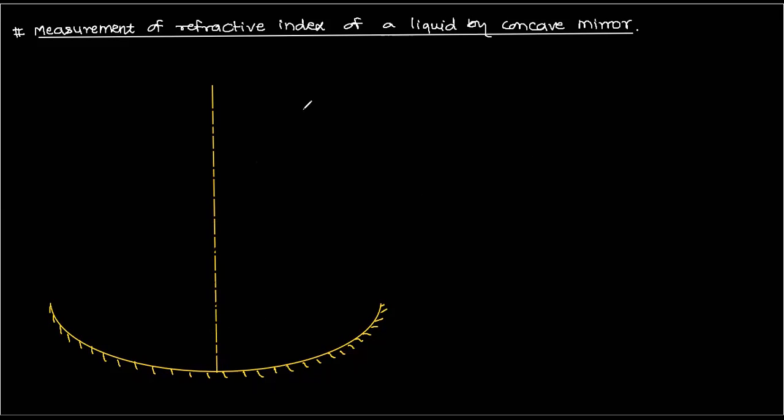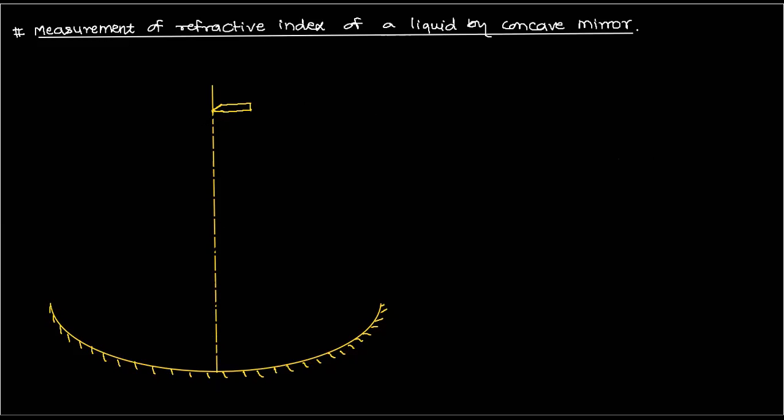Now first, as this is a mirror, you take a pin. What you have to do is take a needle pin. Suppose here I have taken a needle pin like this.